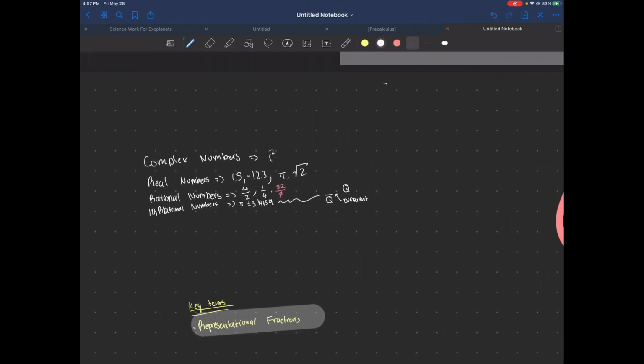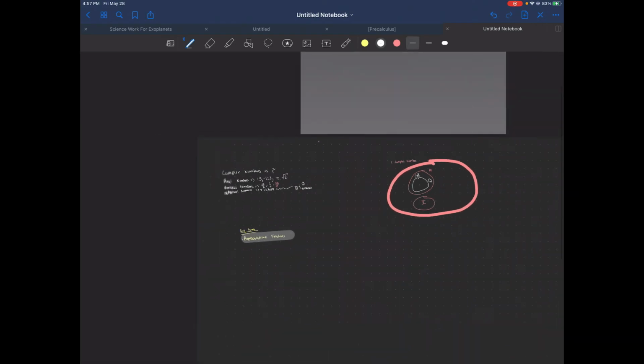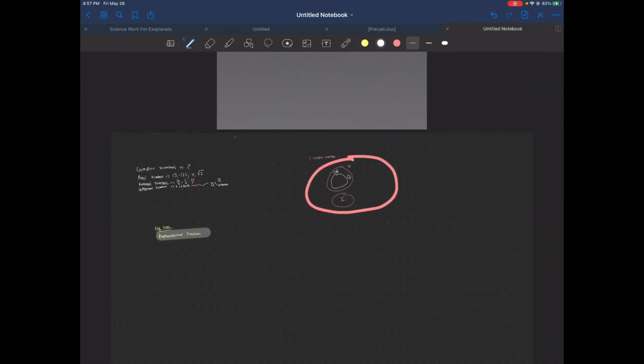Now these are both inside the, let's go on here. I'm not going to write the irrational, but I'm going to write the rational for you guys. Irrational is going to be Q hat, and now we are going to have Q. The reason why I have a big circle is because there are going to be way more things that are going to come here.